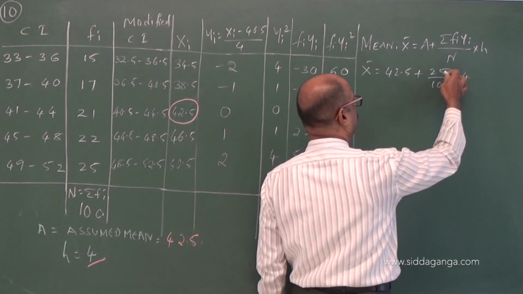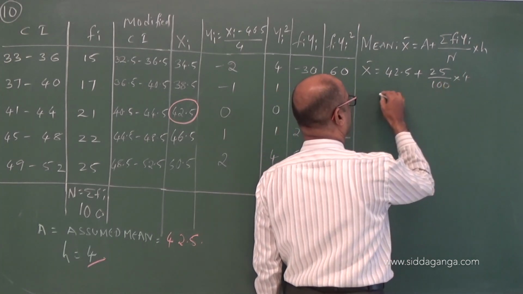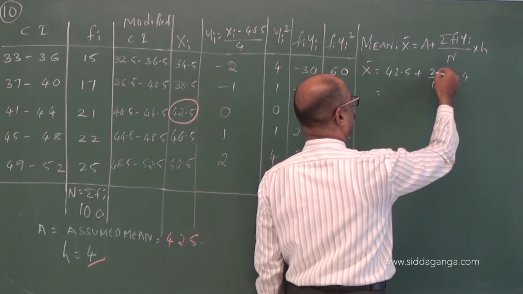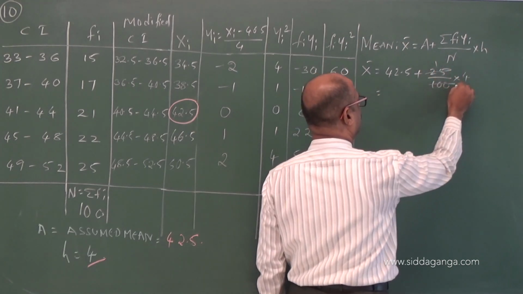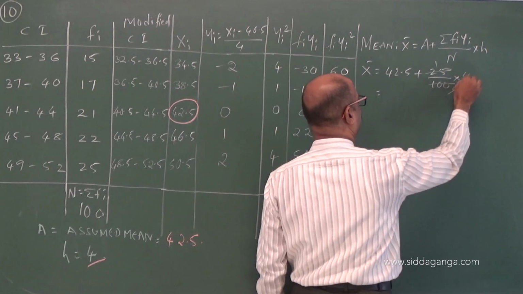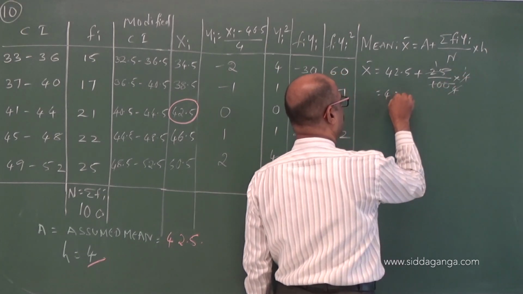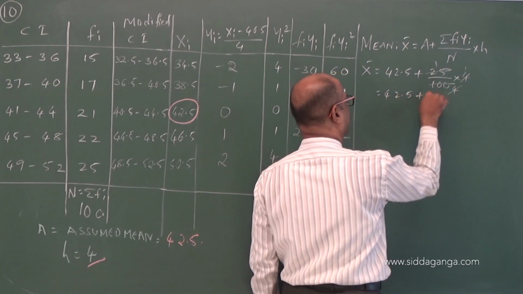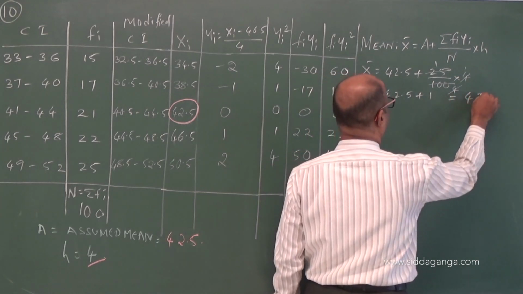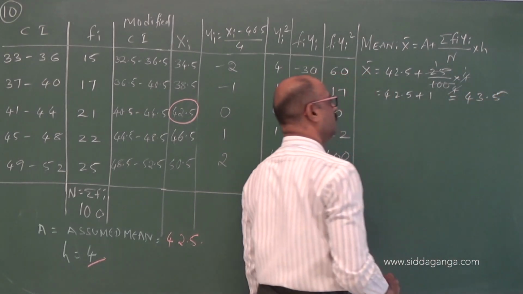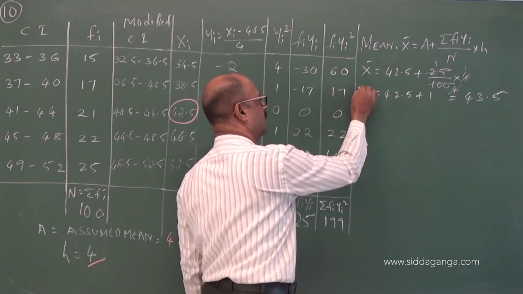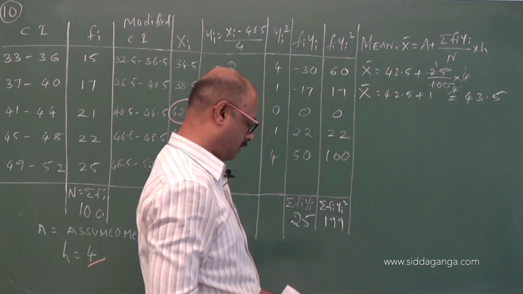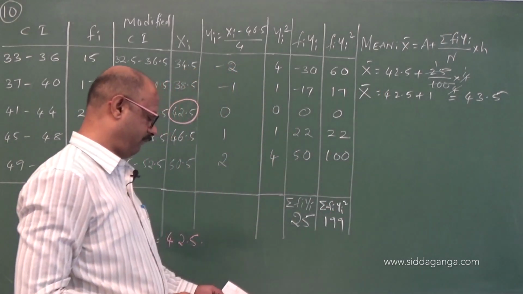So 25 into 4 is 100 in the numerator. 25 ones are 25, 25 fours get cancelled, 4 and 4 get cancelled, you will get 1. So 42.5 plus 1, which is equal to 43.5, is our mean, that is x bar. X bar is 43.5.